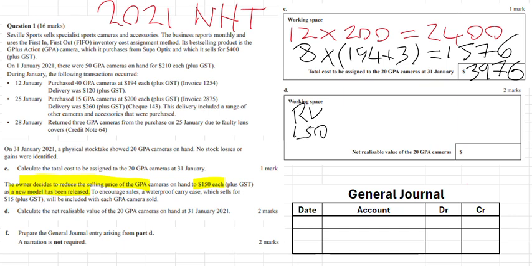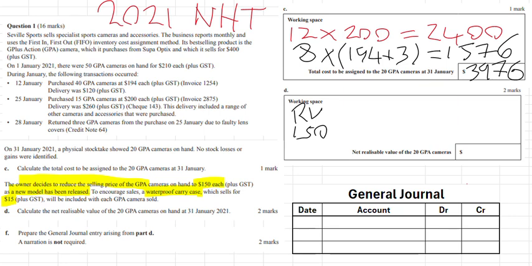But read on. To encourage sales, a waterproof case, which sells for 15 each, we don't worry about the GST, is included. Now that is a selling cost, and that selling cost is going to reduce our profitability on these. So therefore, in order to calculate our NRV, we subtract any selling, marketing or distribution costs.